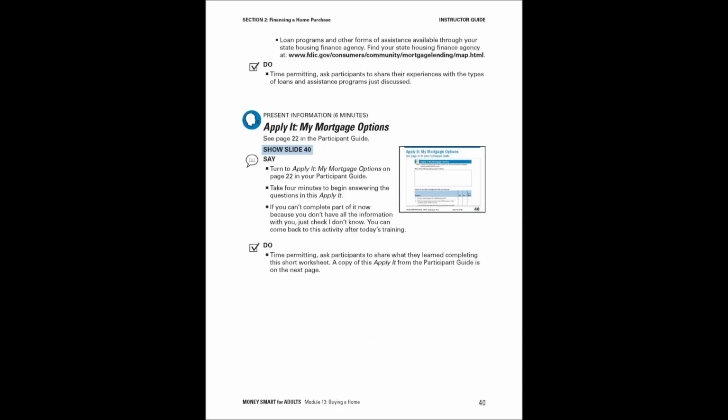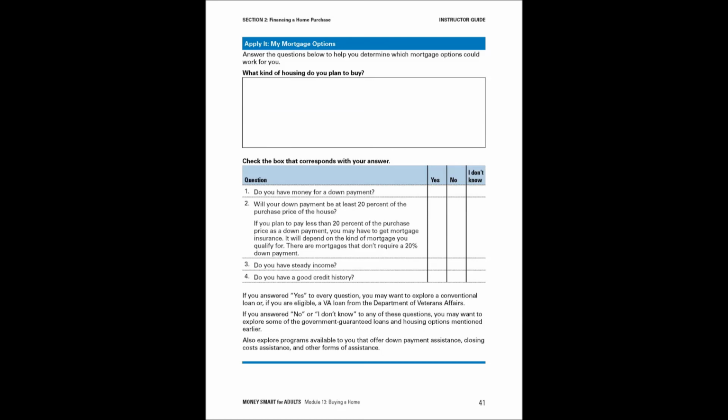The apply activity for this particular section, My Mortgage Options, is giving a person the opportunity to really think about themselves. There are some questions that they can ask themselves to really think through which mortgage is going to be most appropriate for them. And here is an example of what they're actually looking at in their participant guide.